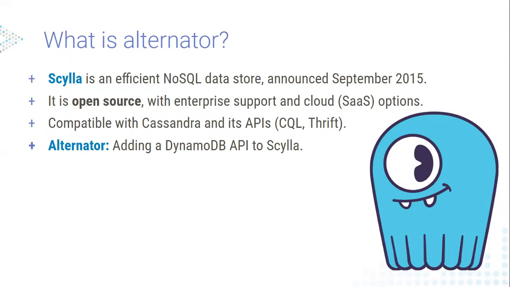It does that by adding a new front end to Scylla. In the same way that Scylla has a front end that serves the CQL protocol and also a front end that serves the older Thrift protocol, there is now a new front end that serves the DynamoDB protocol, and that is called Project Alternator. And Nadav will explain the rest.